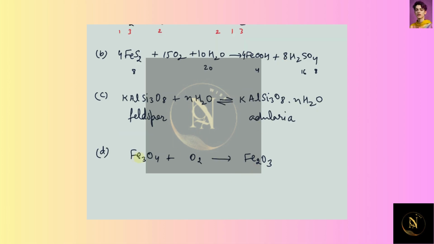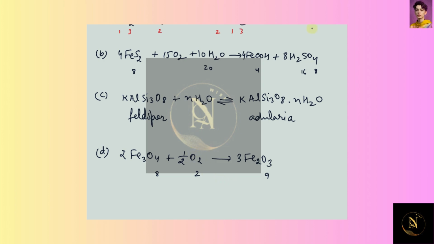To balance the number of Fe atoms on both sides, we will multiply Fe2O3 by 3 and Fe3O4 by 2. Now we can see that the number of oxygen atoms in the reactants becomes 8 plus 2, that is 10, and the oxygen atoms in the products became 9. So to balance both sides, we will multiply O2 by half, so half a mole of O2 will be reacting.